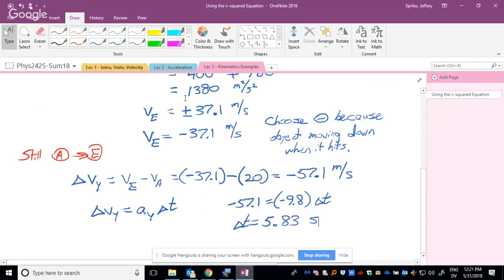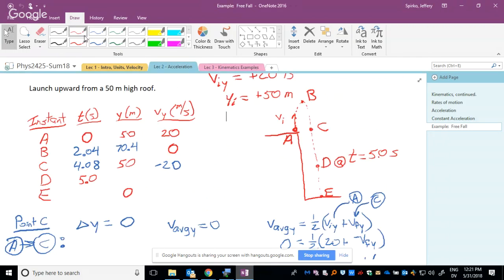So now we can go back into our table and put in 5.83 and negative 37.1 and put a little star here.